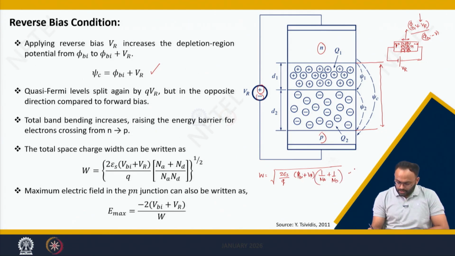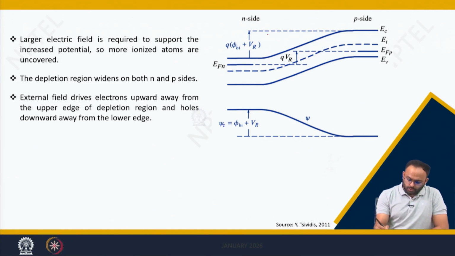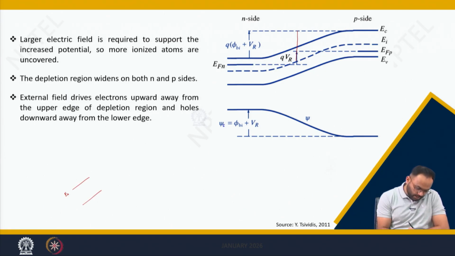We will explore this in much more detail. What will happen to the built-in potential at the junction? Let us analyze this using a band diagram. For example, I have a band diagram of the N side. So this is EC and this is the Fermi level on the N side, EFN, this is the intrinsic level, and this is EV.